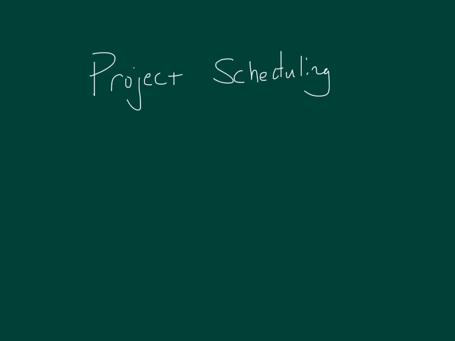So in project scheduling, we're going to look at two different things. In recent times, they've really become kind of blurred. There's program evaluation and review technique, or PERT. And then there's also critical path method, CPM.